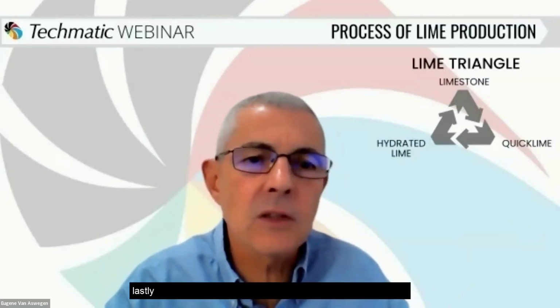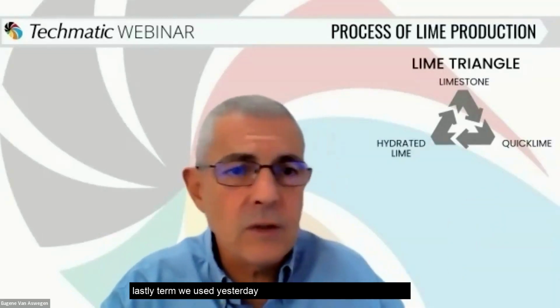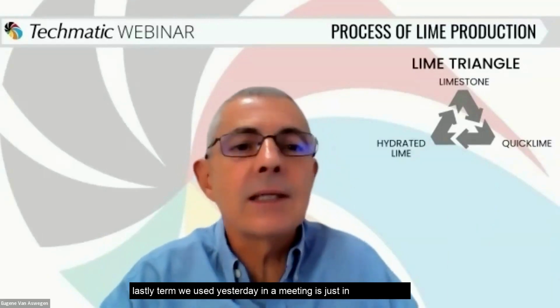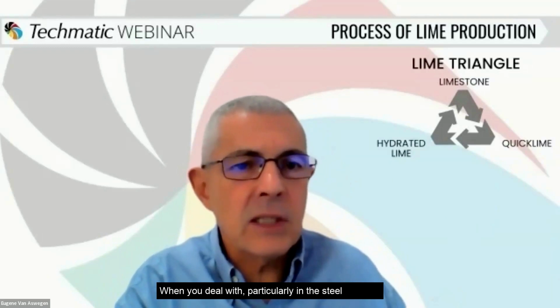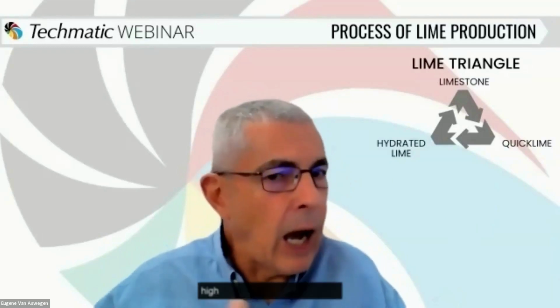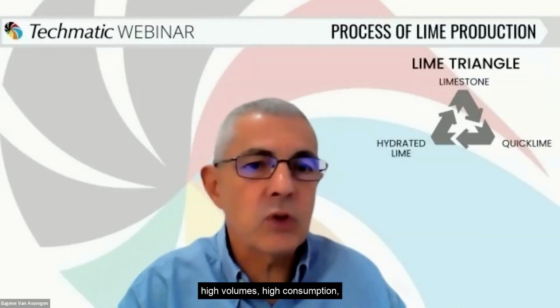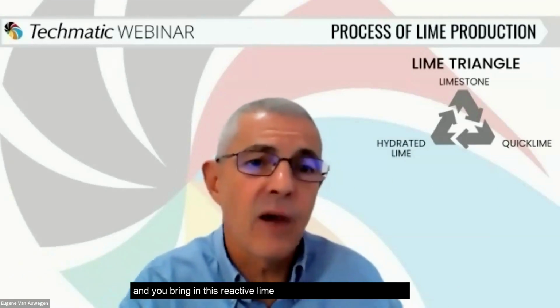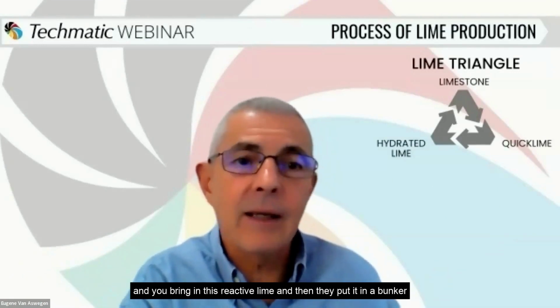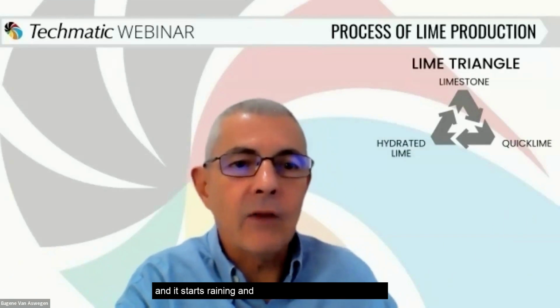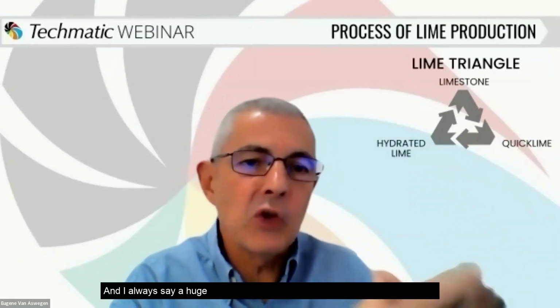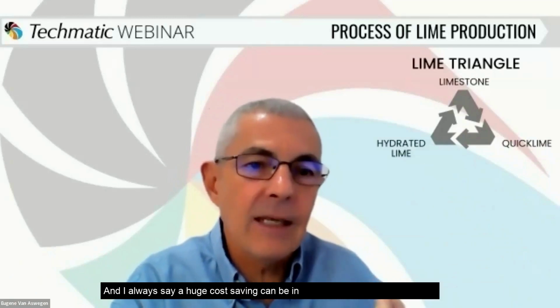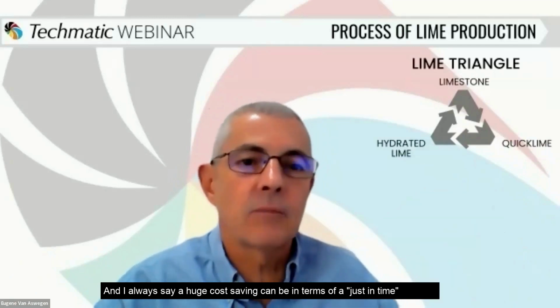And then, of course, lastly, a term we used yesterday in a meeting is just-in-time delivery. When you deal with, particularly in the steel industry, high volumes, high consumption, and you bring in this reactive lime, and then they put it in a bunker and it starts raining, and the quality of the lime reduces. And I always say, a huge cost saving can be in terms of a just-in-time delivery.